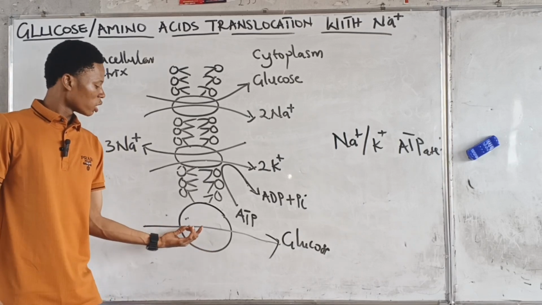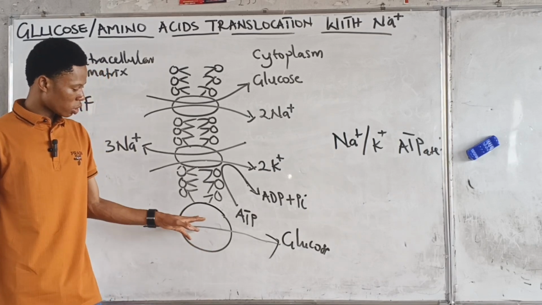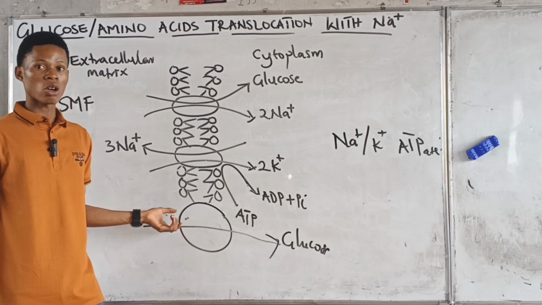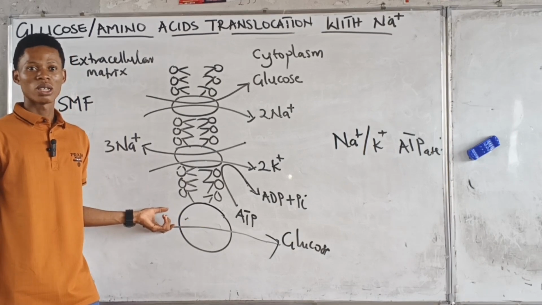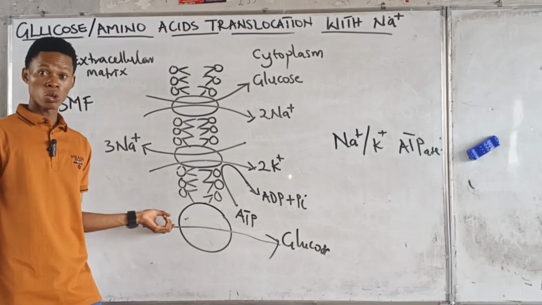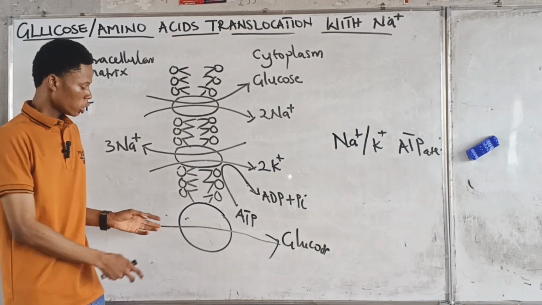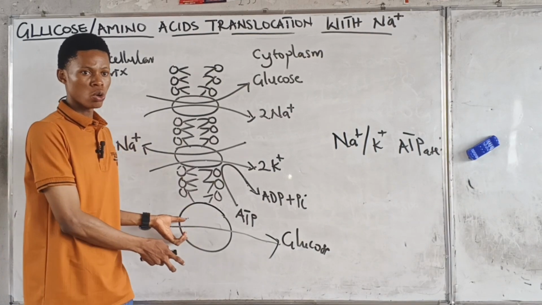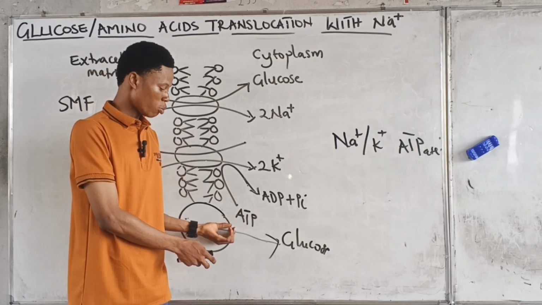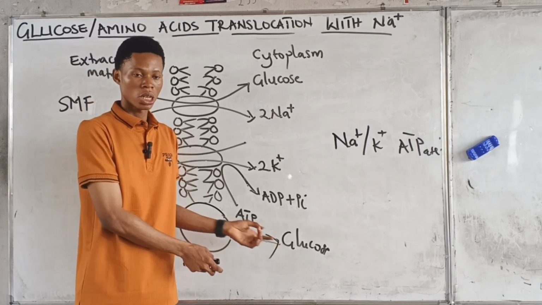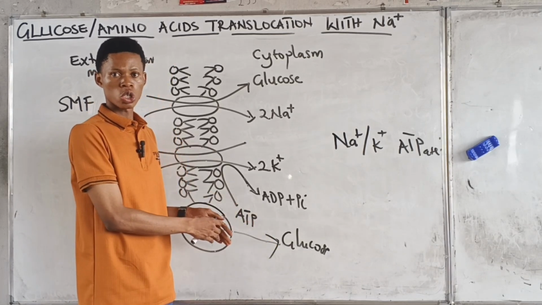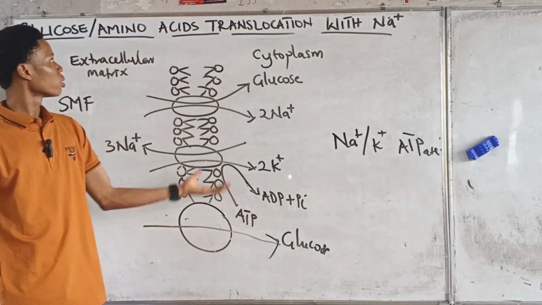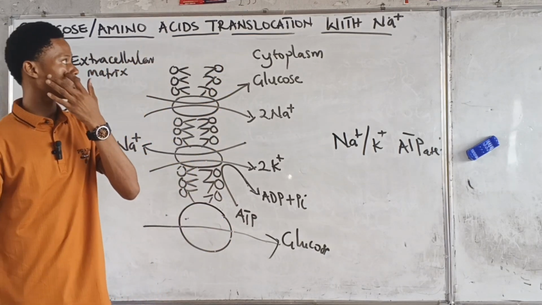So now, this transporter will recognize the molecule, and if it sees, oh, this is glucose, this is what I was supposed to transport, the glucose will bind to it, and there will be a conformational change, right? Allowing the glucose to pass through it. Then the glucose will be released into the cell, and the shape of the molecule returns back to normal. So basically, this is glucose amino acid translocation.